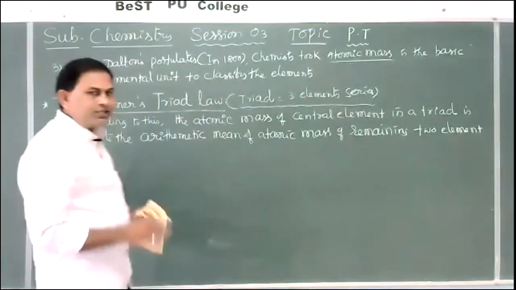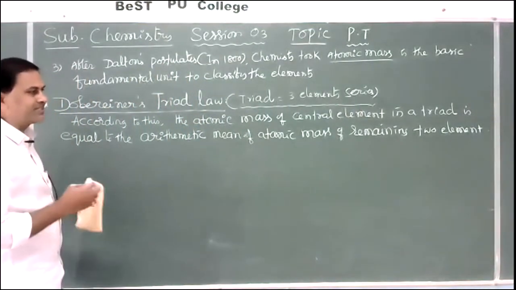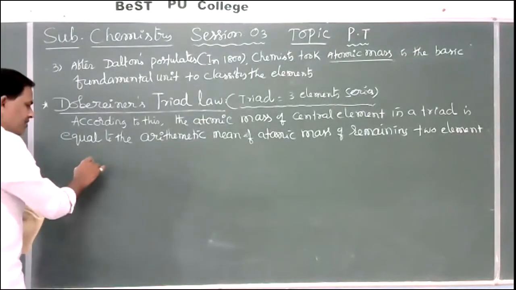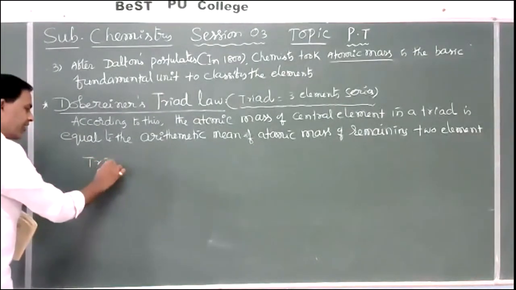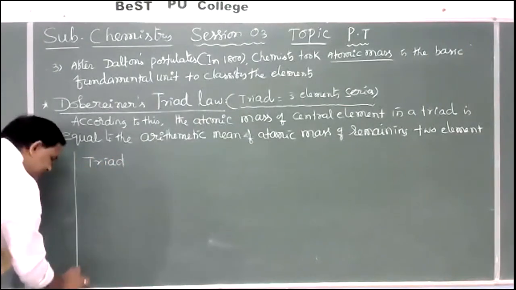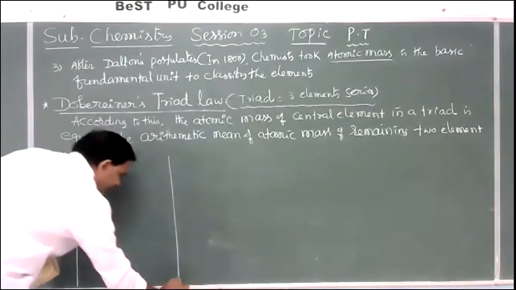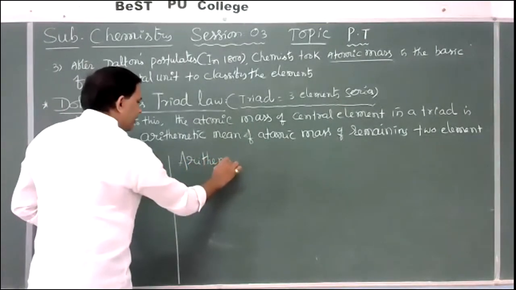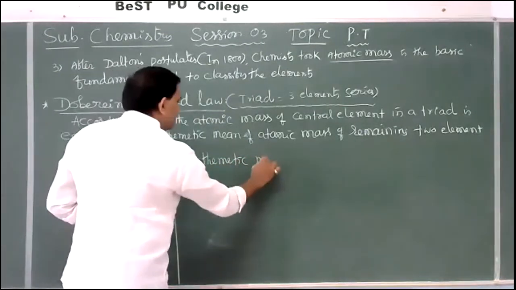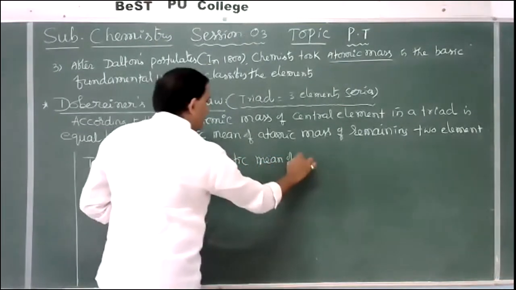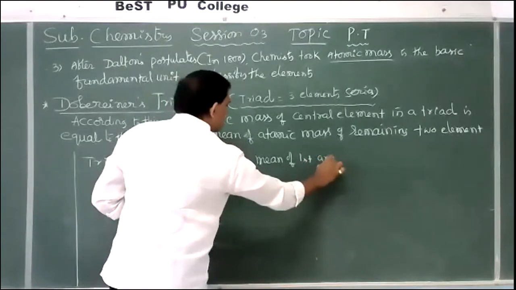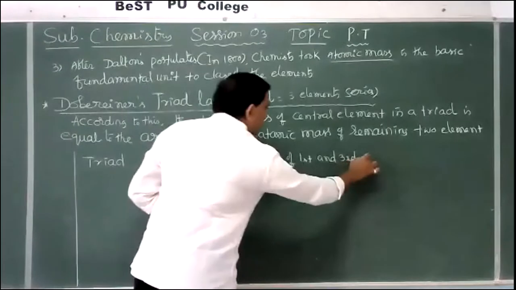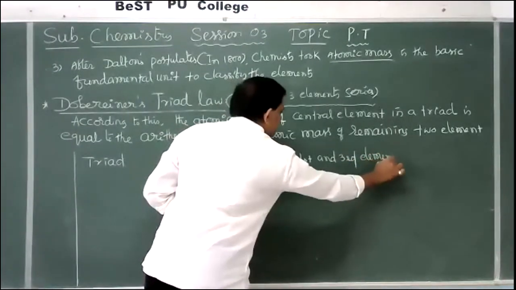I'll create one important table here for triads, with four or five important examples. For example, it is a triad, and the central one is the arithmetic mean of the first and third elements.